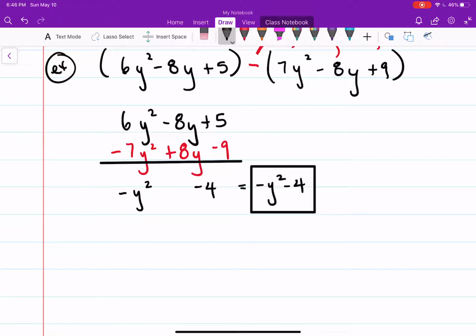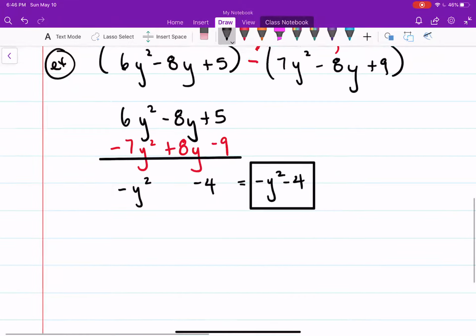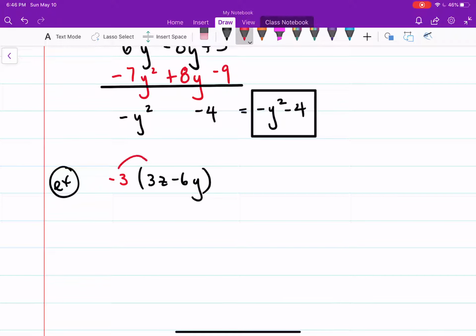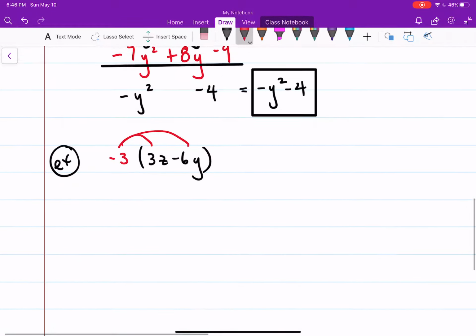And that is, oh, I was going to do a distribution problem. So, example. So, if I had a negative 3, actually, times 3z minus 6y, okay? So, it just means I have to distribute a negative 3 through, okay?